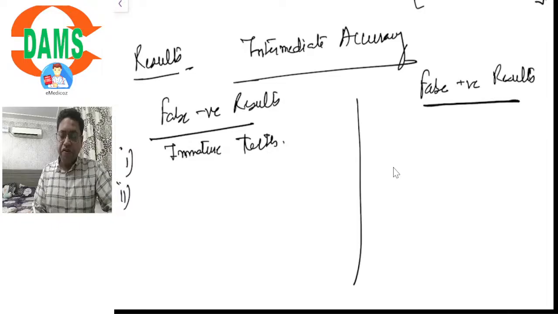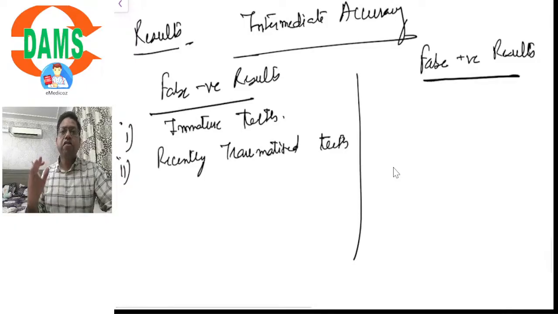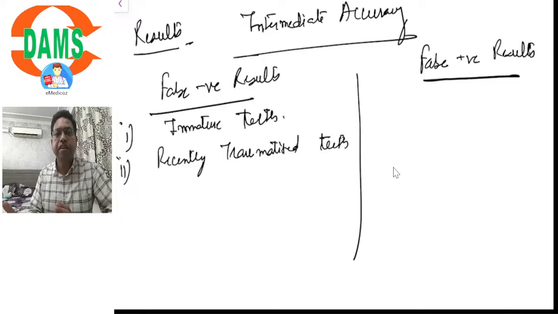Then we have recently traumatized teeth. In a tooth that has undergone recent trauma, the peripheral nerve fibers, like the A delta nerve fibers, are in a state of paresthesia, and application of the electric pulp tester would not produce any pain, even though the pulp is viable.